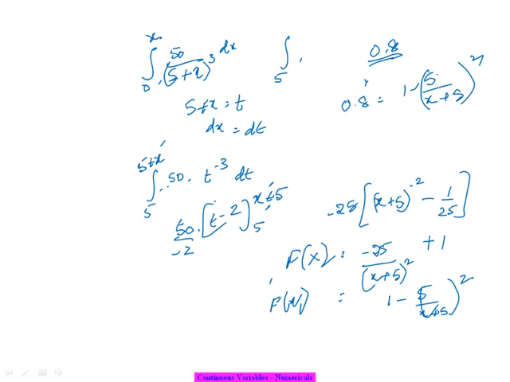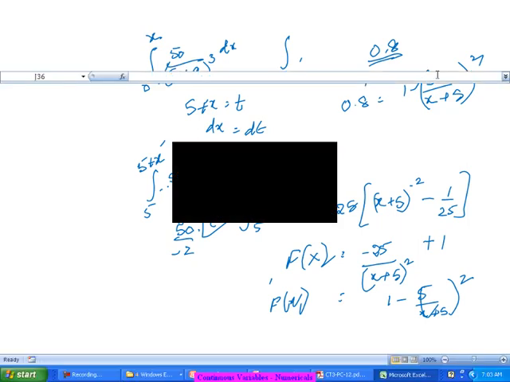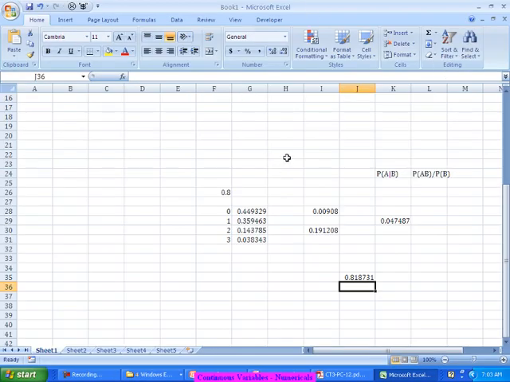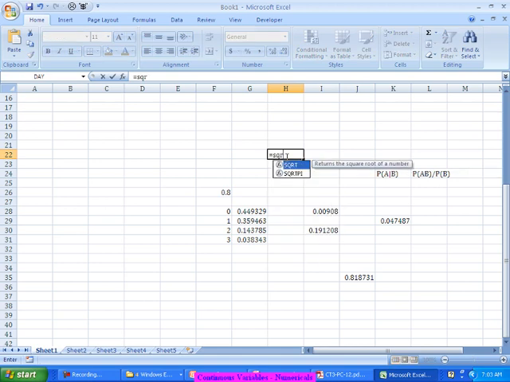Right? So if at all x is coming out like this, so it is nothing but 5 by x plus 5 whole squared is equal to 0.2. 5 by x plus 5 equal to square root of 0.2. Right? So all you can do is square root of 0.2. This is 5 by x plus 5.